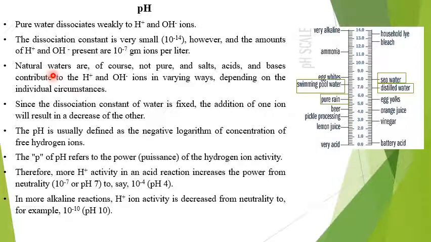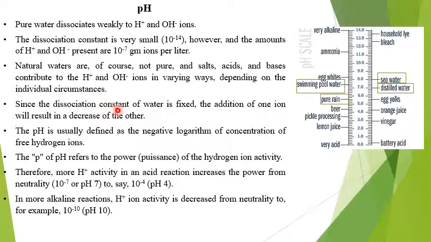Natural water, of course, is not pure. Salts, acids, bases and all these chemicals combine with the H and OH ions in different quantities and different qualities depending upon the circumstances. वहाँ का सराउंडिंग क्या है, वो किस एनवायरनमेंट में है, इस हिसाब से एसिड, सॉल्ट और बेस H और OH आयन से रिएक्ट करते रहते हैं.